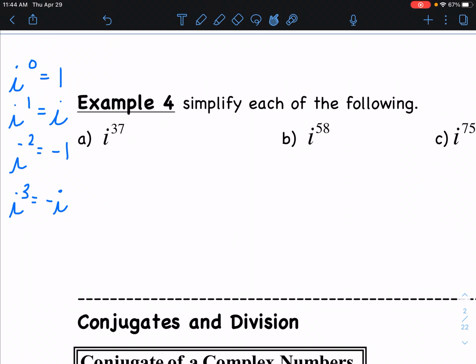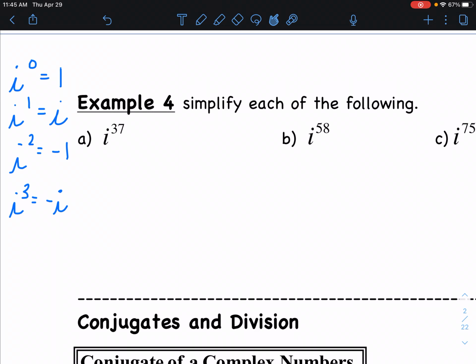That one's pretty easy to understand. Anything to the power of 1 is just itself. You don't need that power of 1. i to the power of 2, we learned in a previous lesson, i squared equals -1. And then a new one is i to the third power equals -i.